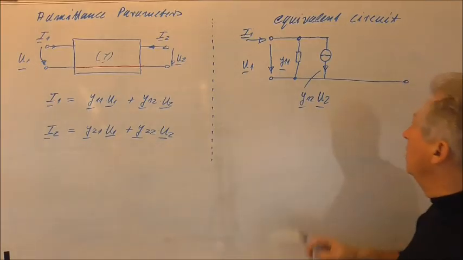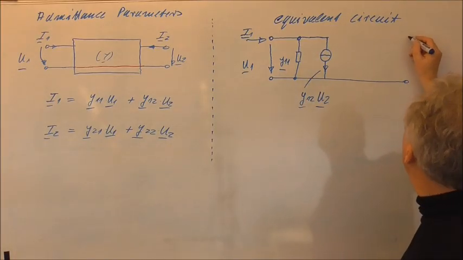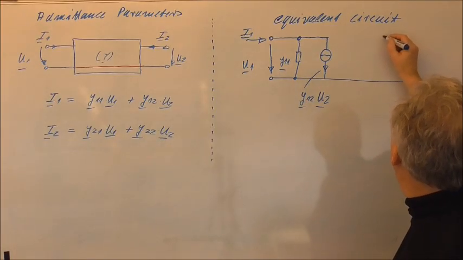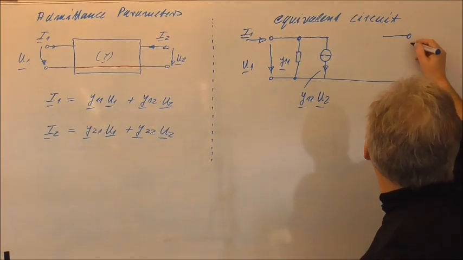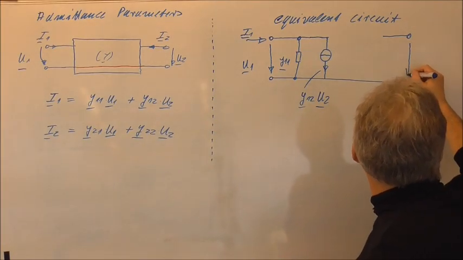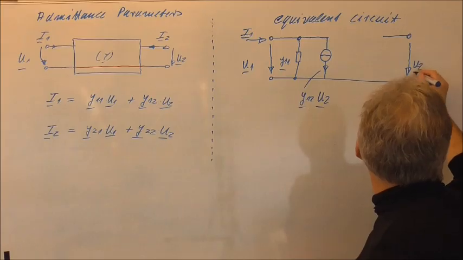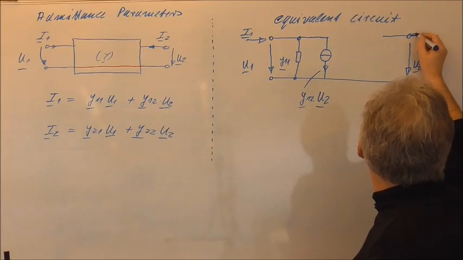and the same considerations we can also set up for the output. So we have here the output, and there we have the voltage U2, and the current I2 which is flowing into this node.